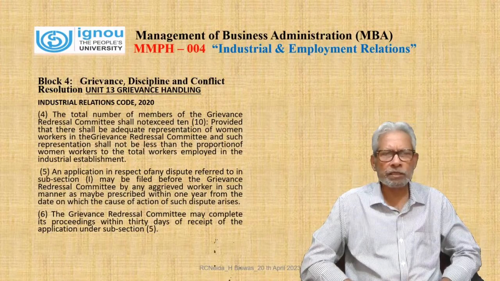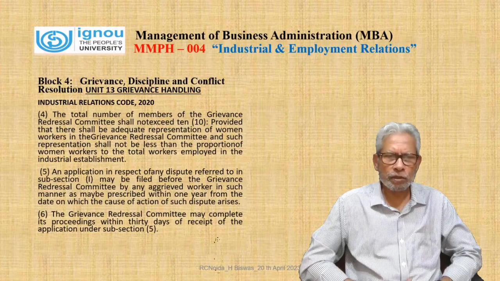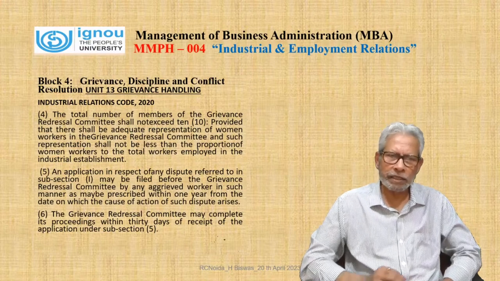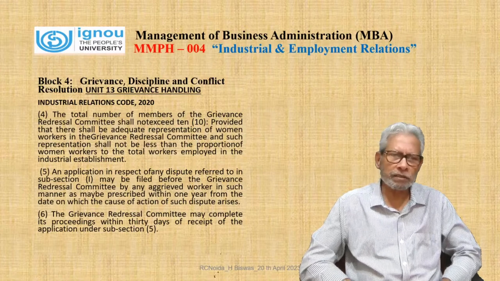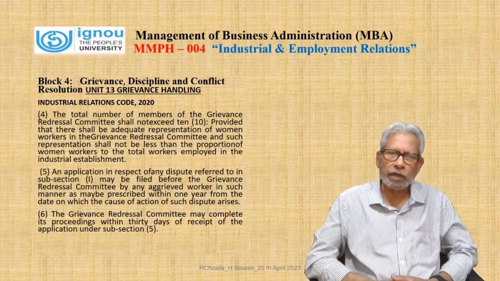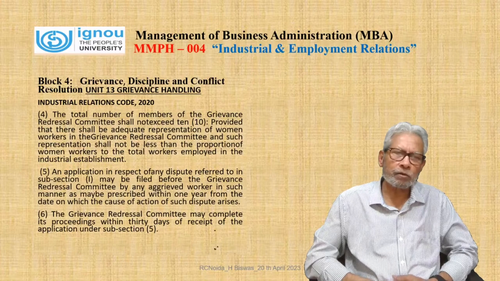An application in respect of any dispute referred to in the sub-sections may be filed before the grievance redressal committee by an aggrieved worker, in such manner as may be prescribed, within 1 year from the date on which the cause of action of such dispute arises.